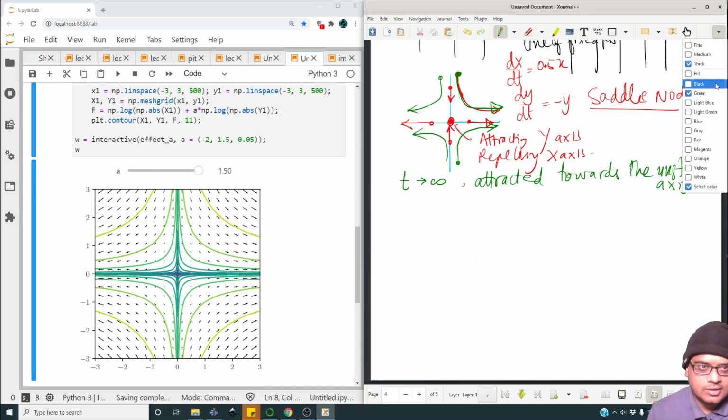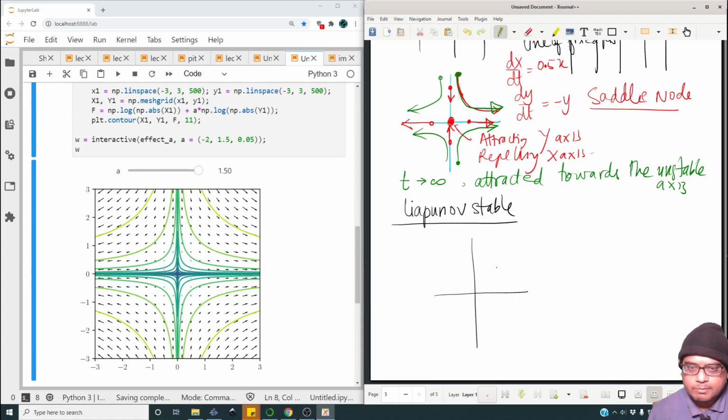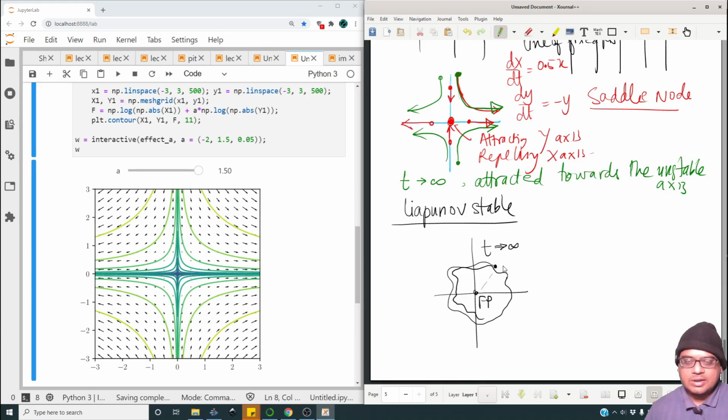But before that, just a bit of terminology. There is something which is called a Lyapunov stable orbit, and the meaning of Lyapunov stable is, if we have a point which originates at a certain distance from a fixed point, and the point remains in the vicinity of the fixed point for all large times, so t tends to infinity, if the point remains bounded, so it does not have to actually come back to itself, then we say that the fixed point is Lyapunov stable.